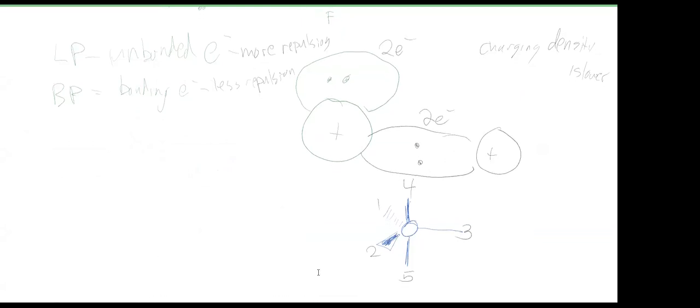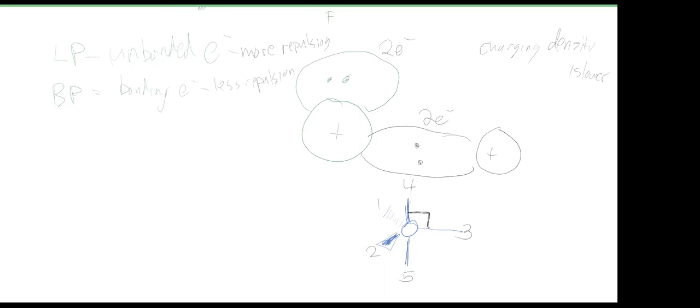Yes. Okay. And so how we choose where we're going to put it is we're trying to minimize the repulsions. If we look at them, 90 degrees is our smallest angle.